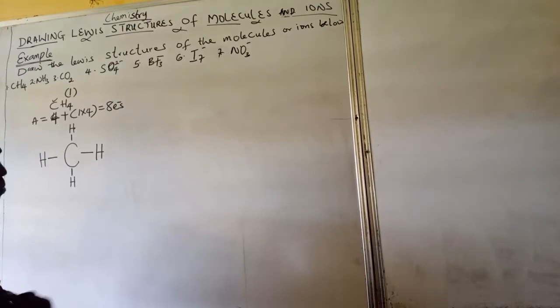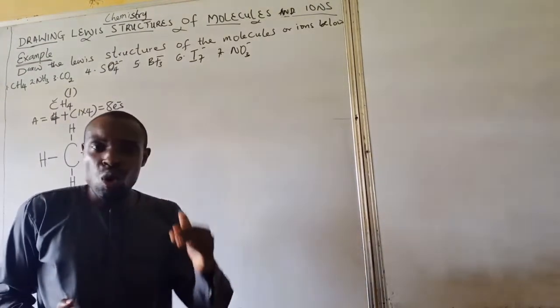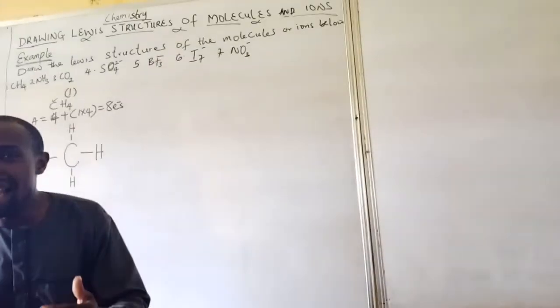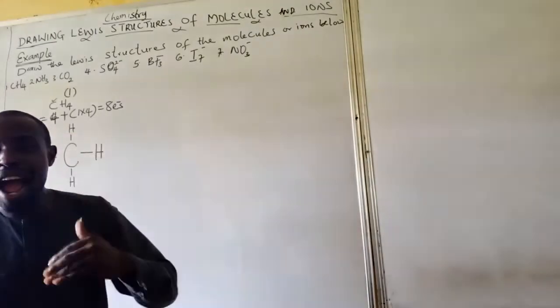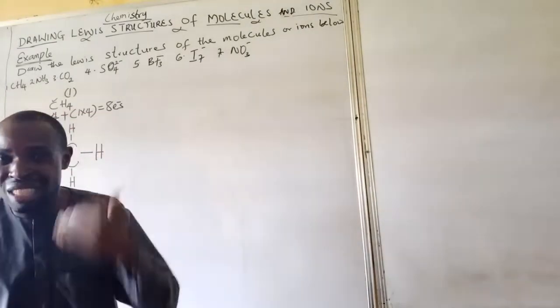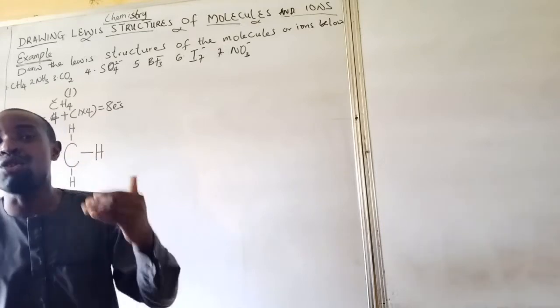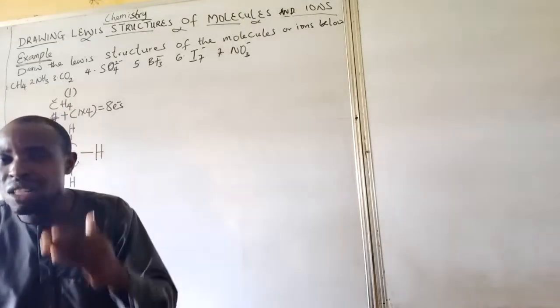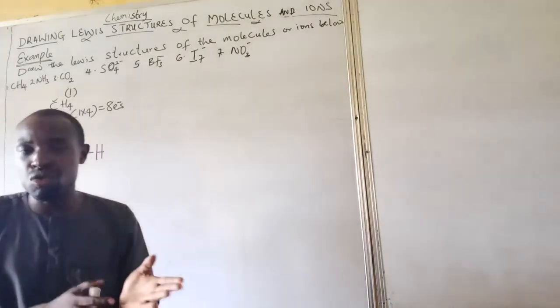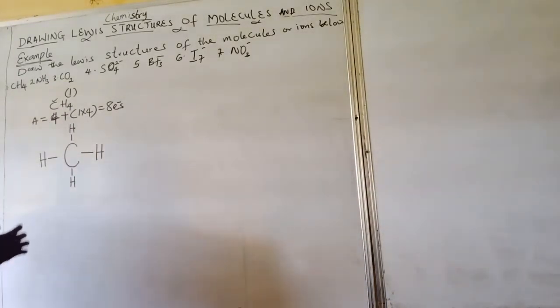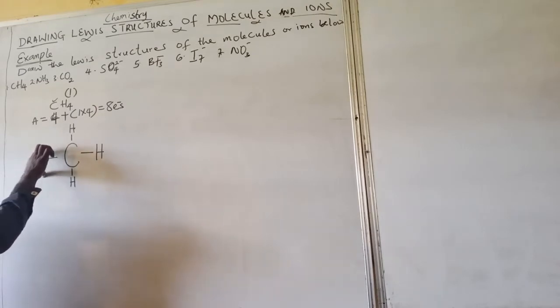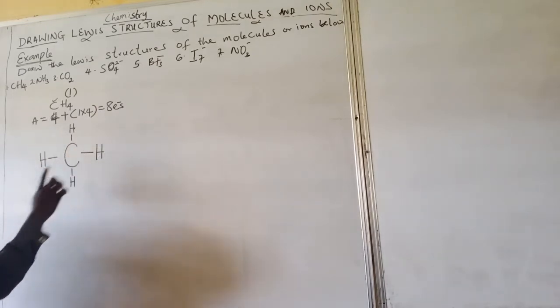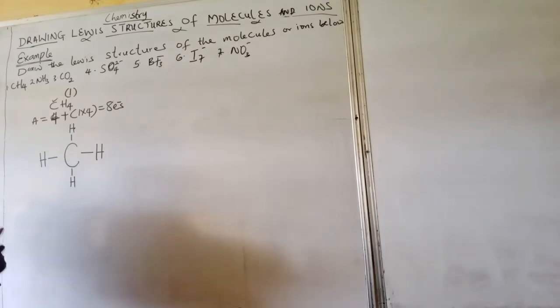Now remember that hydrogen and helium obey the duplet rule, while all other elements, precisely elements in period 2 and thereabout, obey the octet rule. Duplet 2, octet 8. So as you can see, hydrogen here is already completing its duplet.